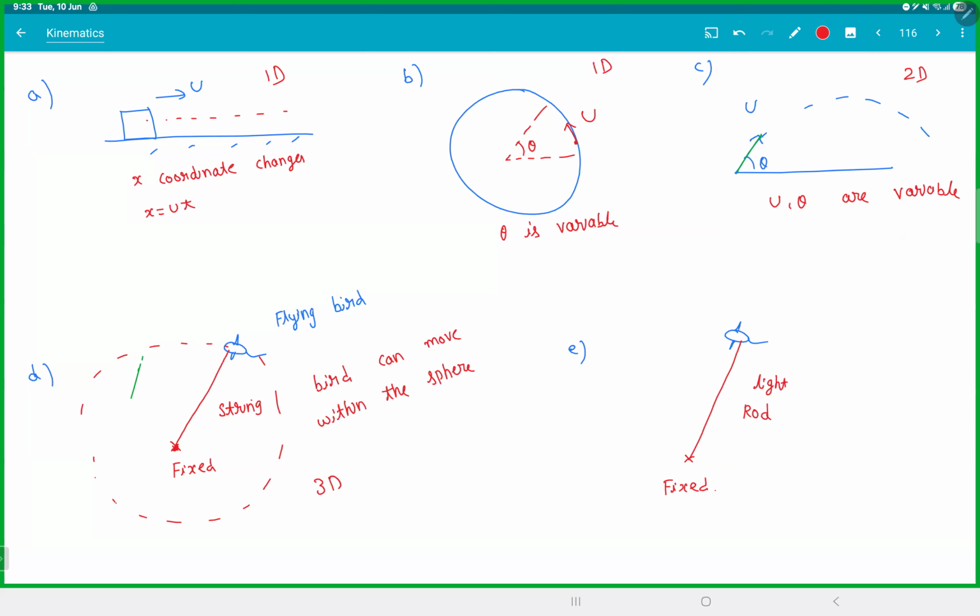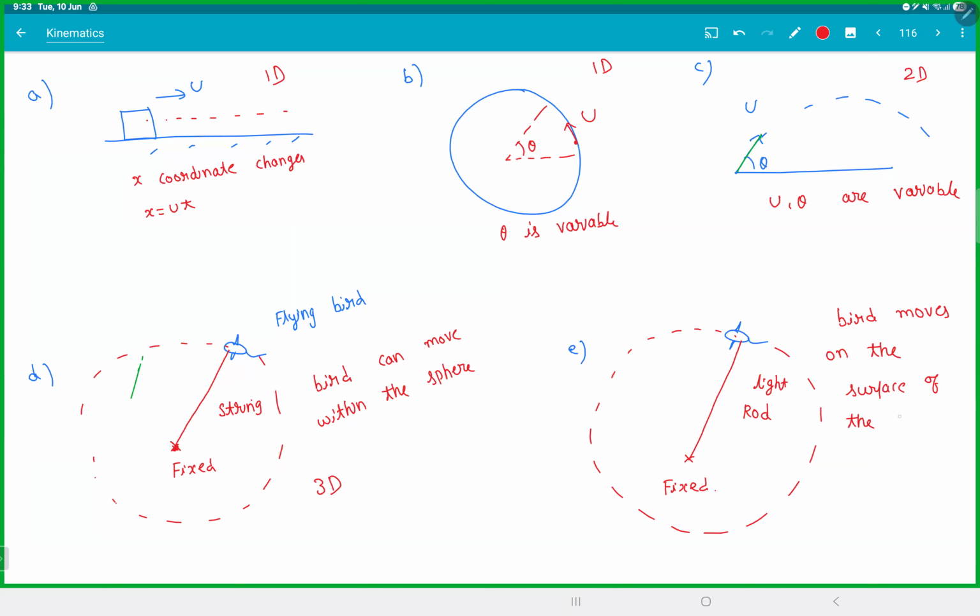So this is 3D. But the moment you keep a rod, what happens? If you keep a rod, can the bird come inside? The rod cannot compress. Can the bird fly outside? The rod cannot stretch. So the bird has to fly on the surface of a sphere. Bird moves on the surface. Means you can only change your surface area.